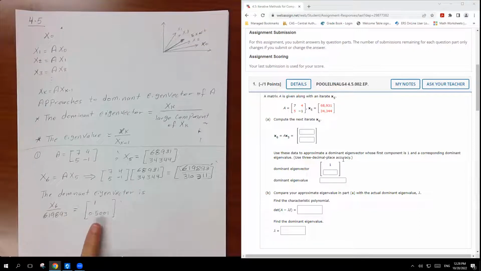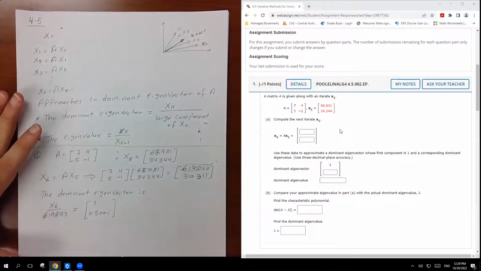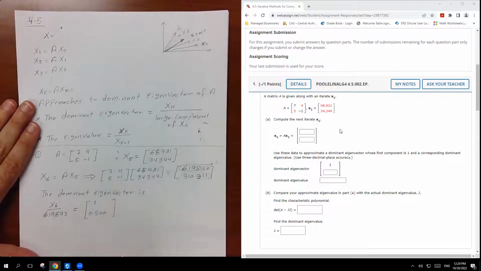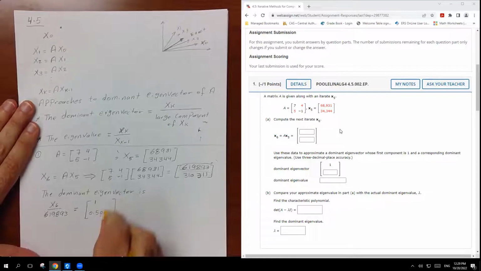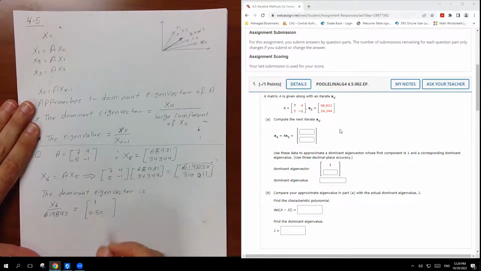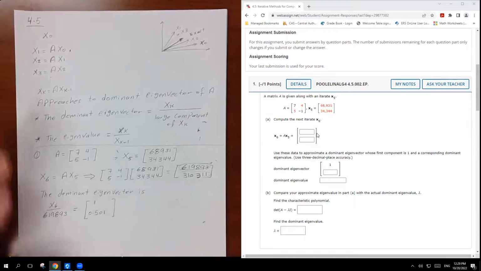That means the last number is 0.50005, and with 3 decimals it's going to be 0.501.